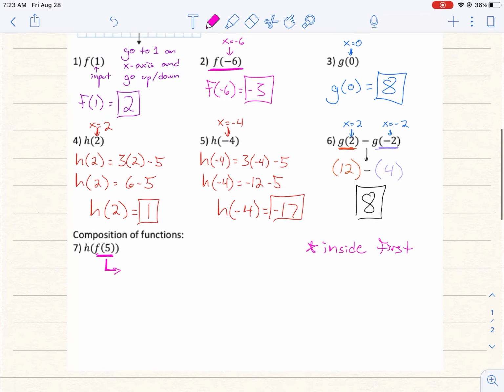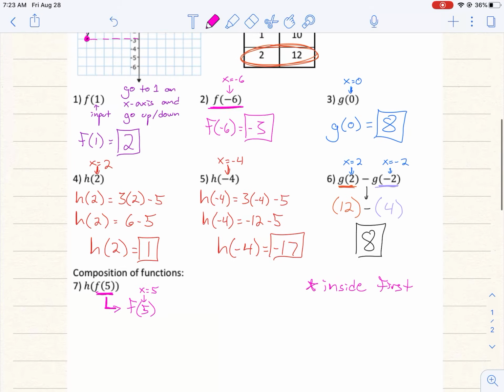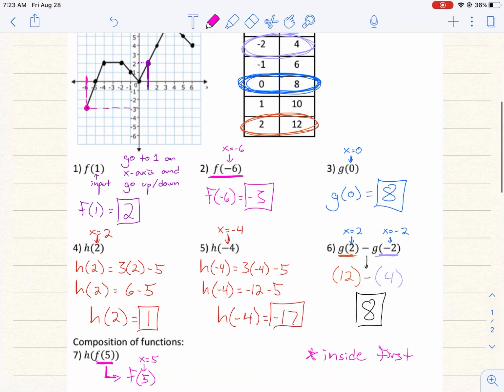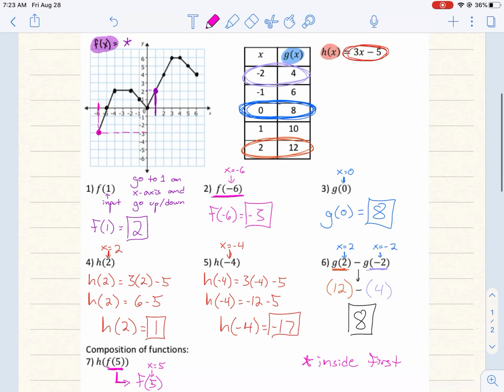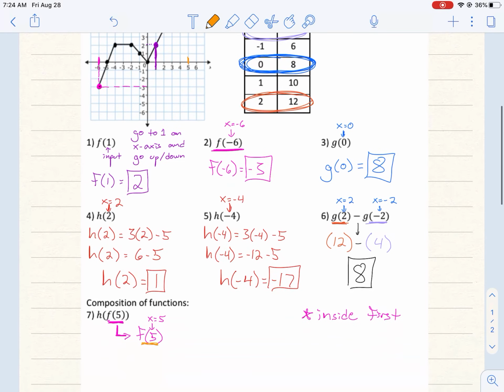So let's evaluate what this is to start. f of 5, this again is saying when x is equal to 5. Looking up here on my graph, I'll zoom out a little bit for this. When x is 5, let's use this orange here, it's at this point, and that is 5.